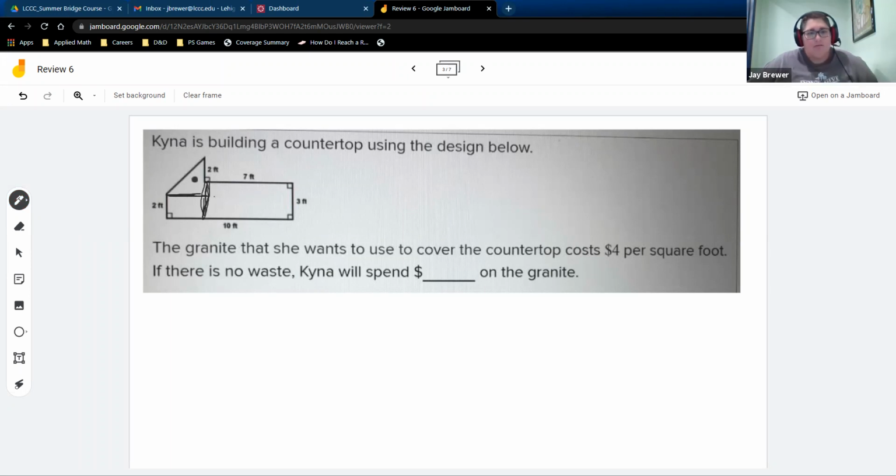So this is actually going to be 3 feet for my triangle. And then if this is 7 and this is 10, then this part here of the triangle is also going to be 3 feet.